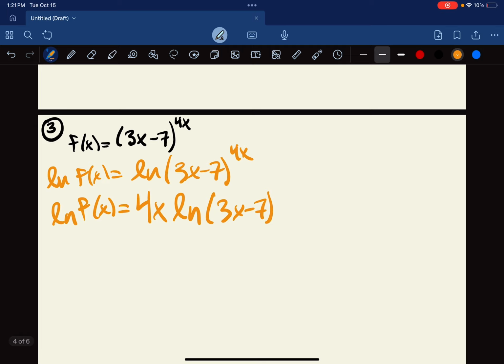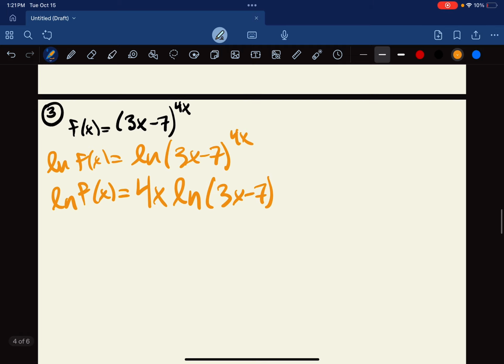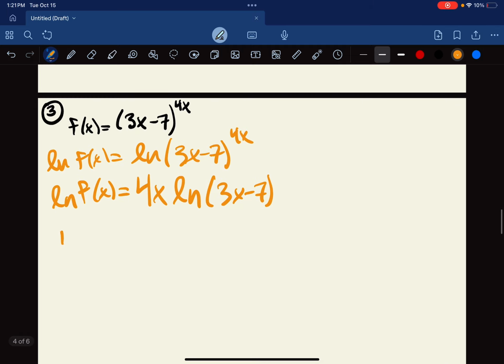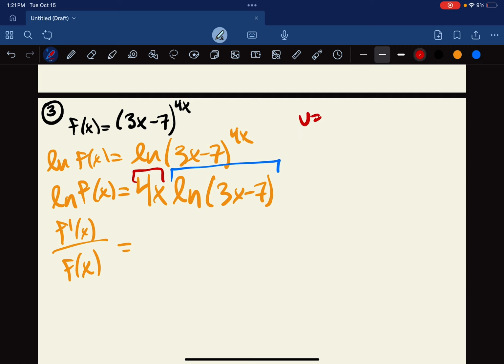Now, when we go to take the derivative of it, exactly the same thing as the first problem, this becomes f prime of x divided by f of x equals, and then this is going to be a product rule problem, where our first term is going to be 4x and our second term is going to be ln of 3x minus 7. The derivative of 4x is just 4.